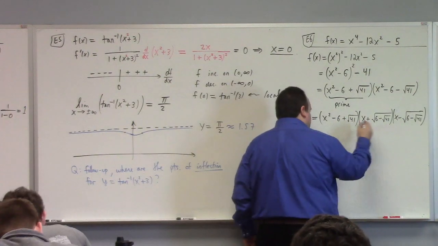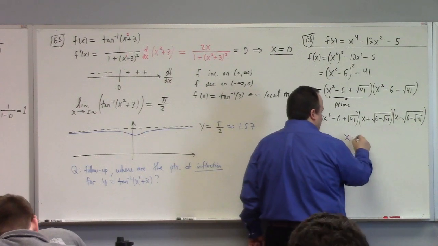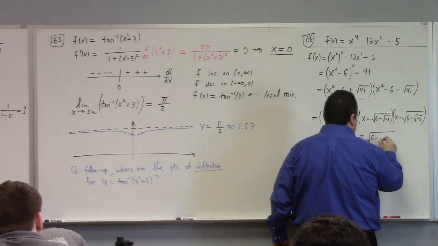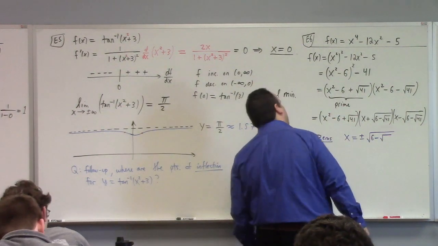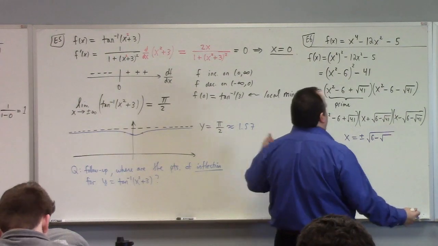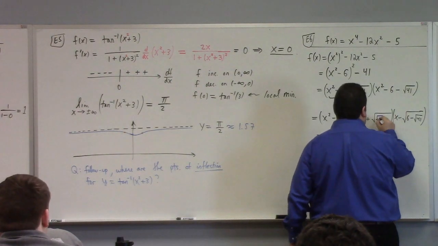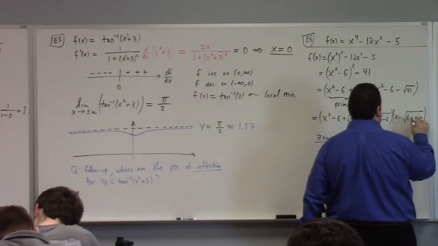So the critical zeros here, we're going to have x equals plus or minus the square root of 6 minus the square root of 41. Oopsie. That was supposed to be the square root of 41 minus 6 is the way I should write that, as to not be a dummy.